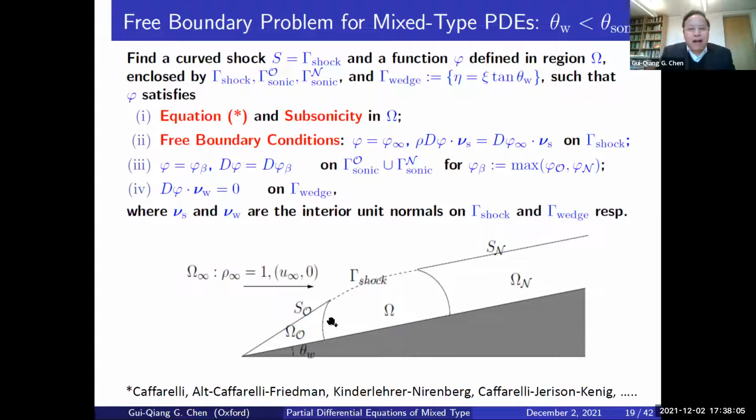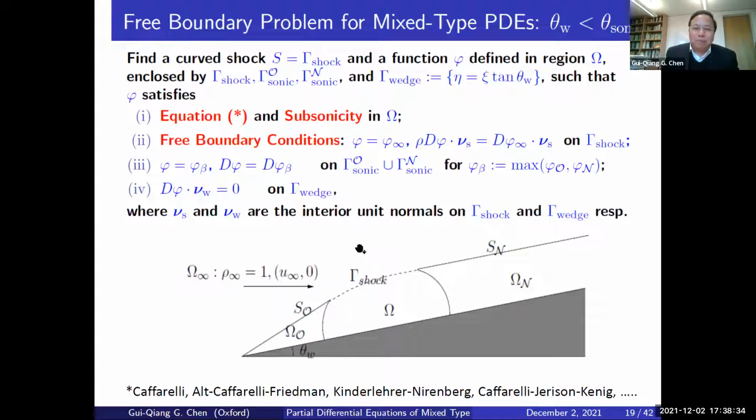This kind of free boundary problem has been studied in the large literature. Basically, there are two frameworks. One is the variational formulation: if you can formulate the variational problem, then you take a minimizer and solve the free boundary problem. Another approach is the hodograph method for linear PDE, through the Caffarelli approach to find the free boundary solution.